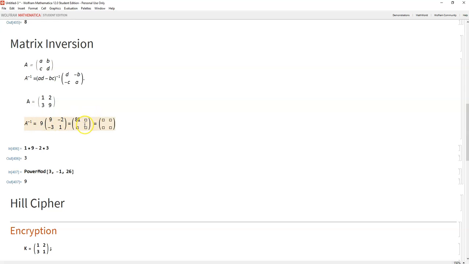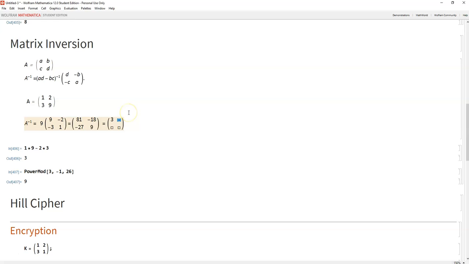Now, I take everything in this matrix and multiply it by 9. That gets me 81, negative 18, negative 27, and 9. All right, but now we are working mod 26, so I'm going to reduce all of those mod 26. Off the top of my head, 78 is a multiple, so that becomes 3.